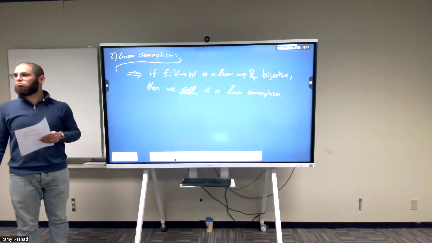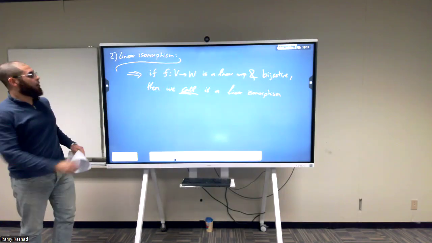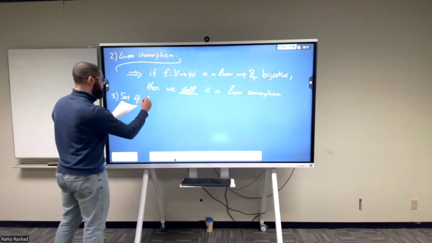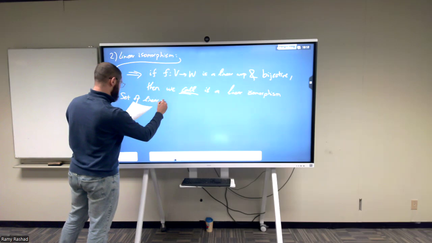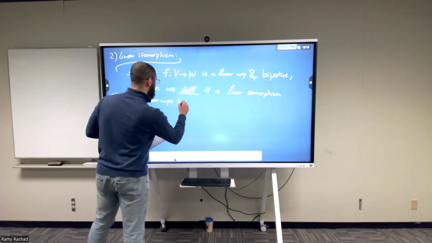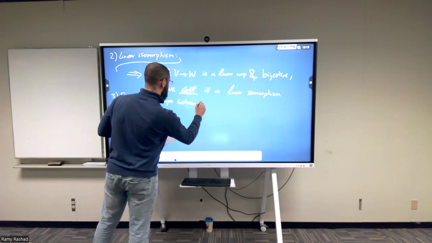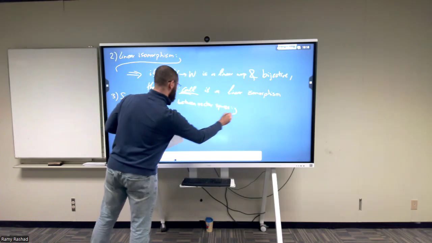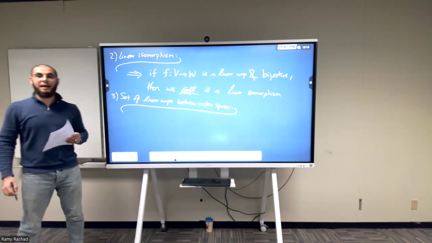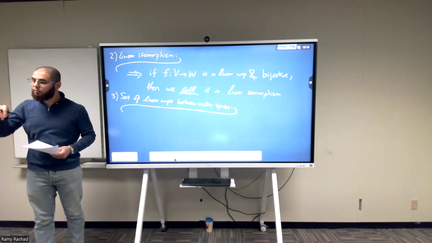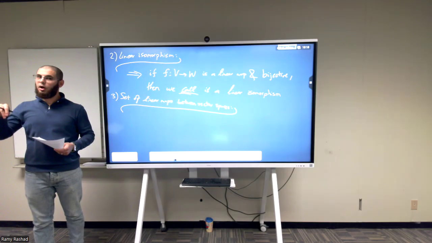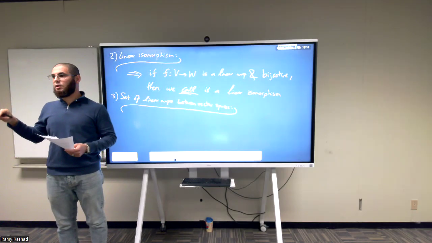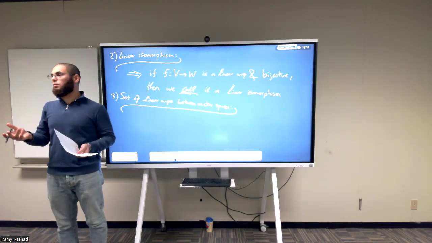Clear? Okay. Now I'm gonna define what's known as the set of linear maps between vector spaces. Now I'm gonna give you a set of maps. Okay. So each element in the set is what?